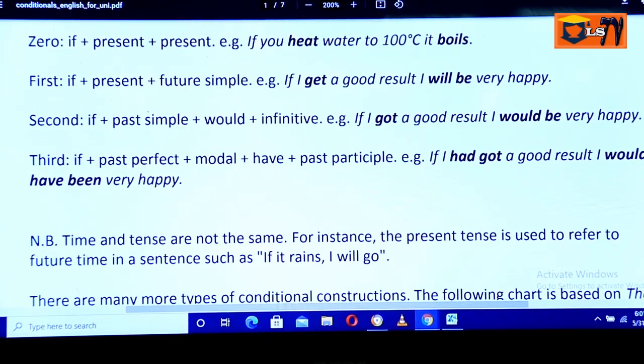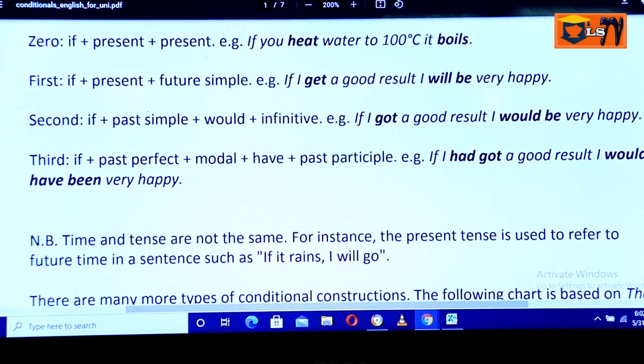In this example, the action is unreal in the past. When something didn't happen in the past, we use if plus past perfect. When you didn't do something in the past and you are regretting that, you use if plus past perfect.